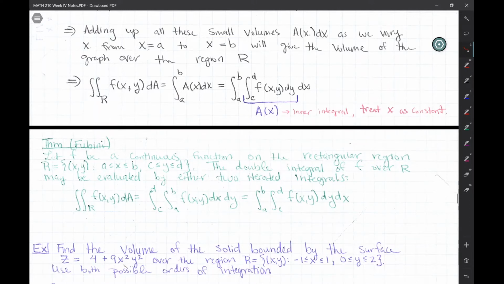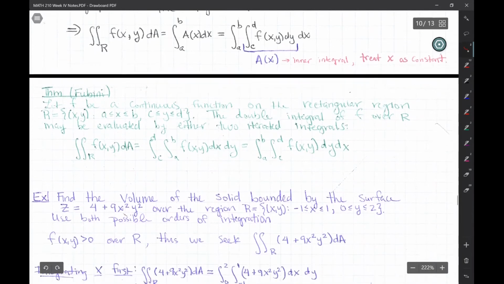When you have rectangular regions, in other words, a, b, c, d are all actual numbers, then you can just switch the order of integration very easily, as you would symbolically. When we deal with more general regions, where we might have functions as our bounds, you've got to be careful, and we'll discuss this topic in the future.